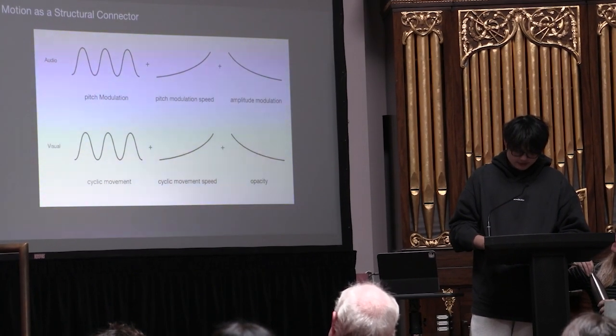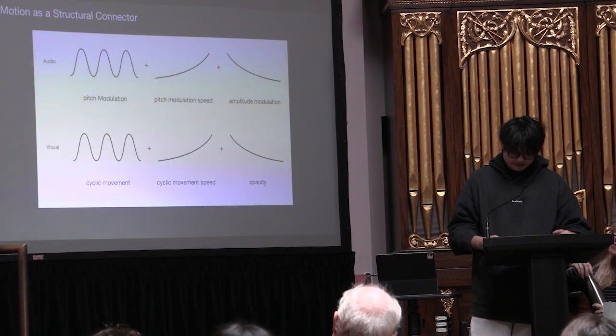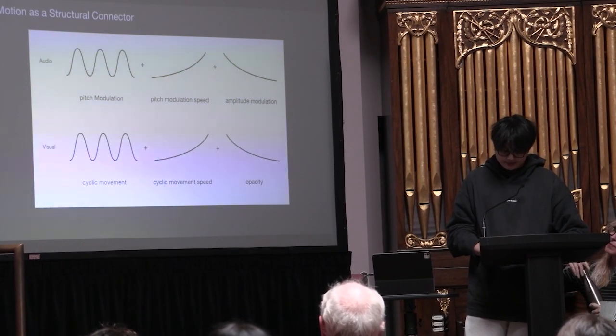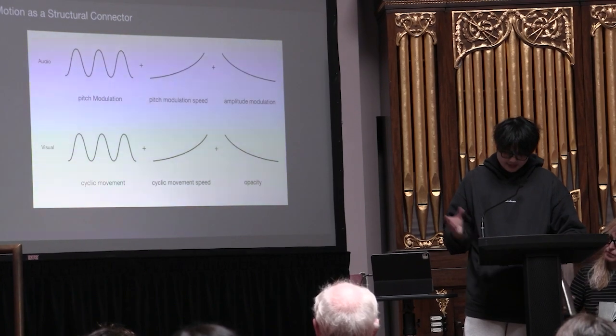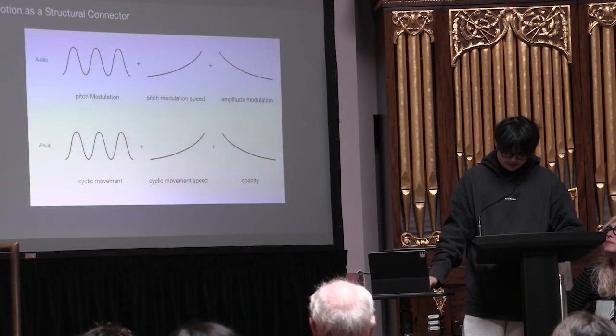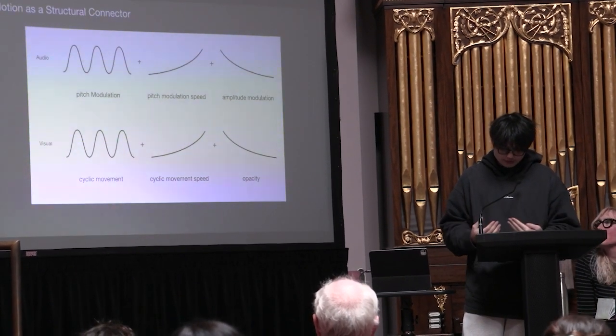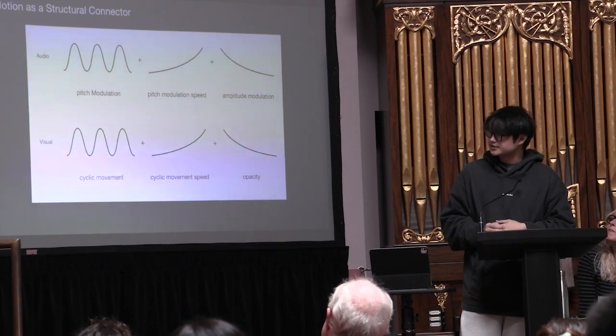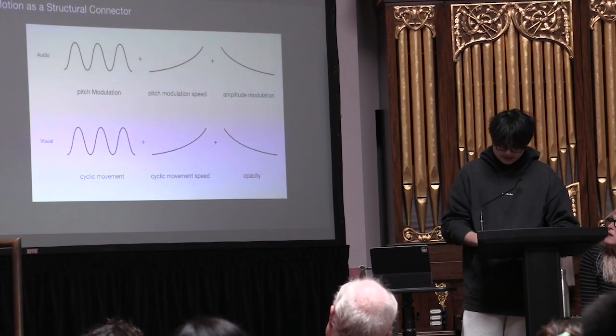It employs motion envelopes as dynamic control mechanisms to shape the evolution of the audiovisual experience. For example, a sine wave motion envelope might control both oscillation in pitch and the cyclic movement of visual elements.